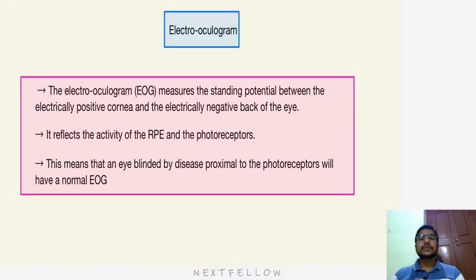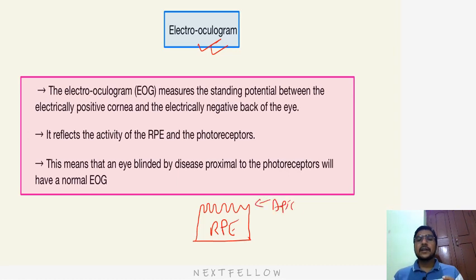Moving to the electro-oculogram. Suppose this is the RPE cell, and this is the apical part and this is the basolateral part. So this is the difference.